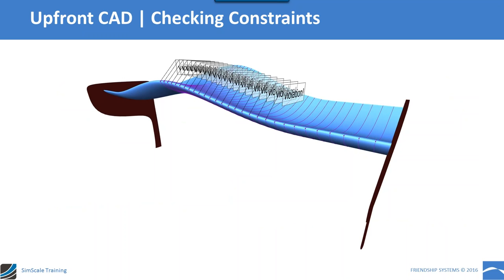Also, the last time we talked about the FIA regulation, and it's really important, especially in this kind of parametric design, to make sure that your design is always feasible and under the regulation, because it's possible to create a parametric model that will behave in a way that is not legal by the regulation.